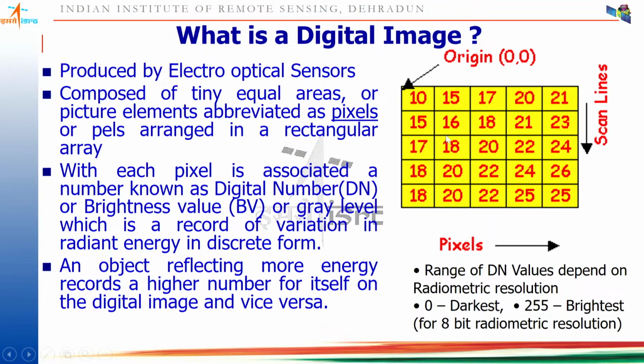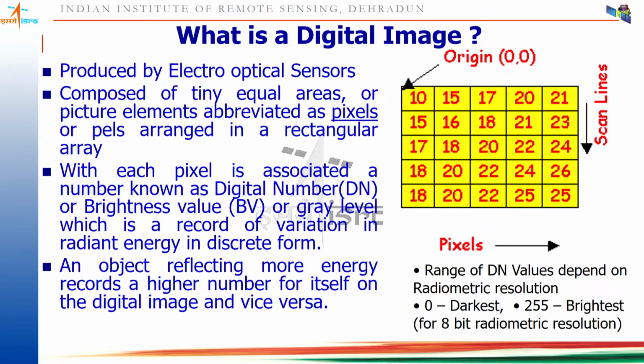That means we can address each element by its row and column index. With each pixel is associated a number called the brightness value, or digital number, which is a record of reflected, emitted or backscattered energy in discrete form.